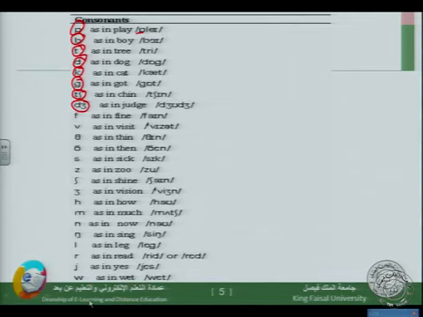يعني for example, if you have an exercise like ship, it's different from chips.